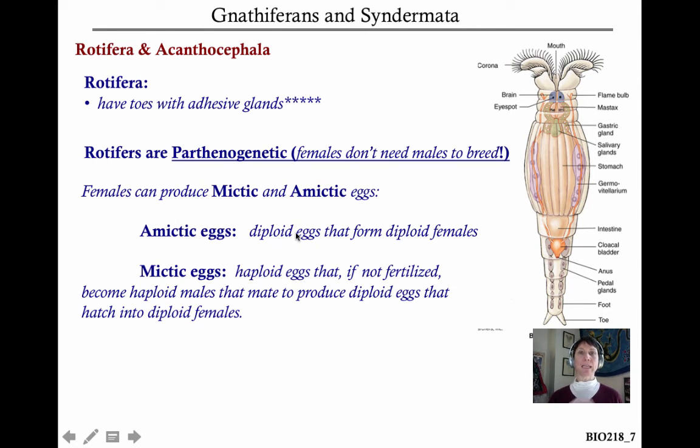With amictic eggs, they can basically begin to divide on their own. Through environmental cues, they begin to divide several times, undergoing cleavage, and they continue to divide until they form a fully formed rotifer. So remember, we've talked about similar things to this.